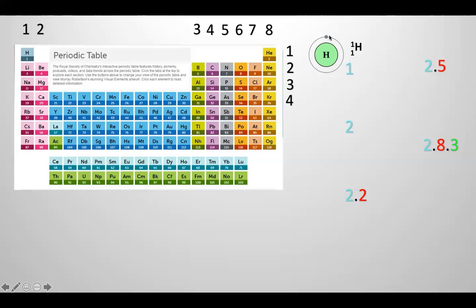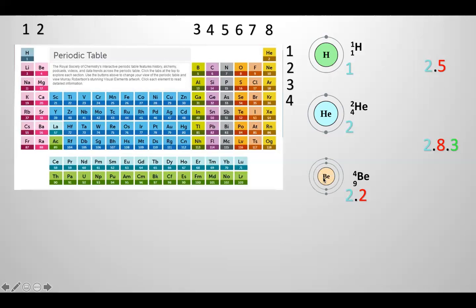And then you can see here that there is 1 electron in the first shell. We call this a subshell. So then you've got helium again. You guys should be able to work out what's in this nucleus where I've placed He. And then you have 2 electrons.